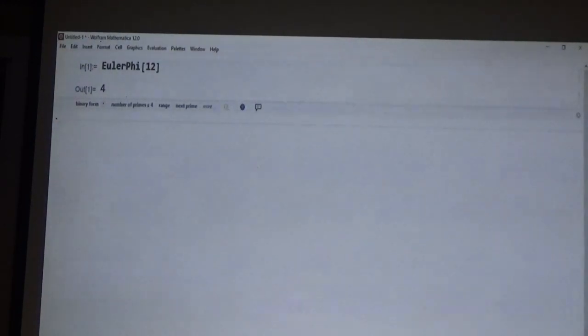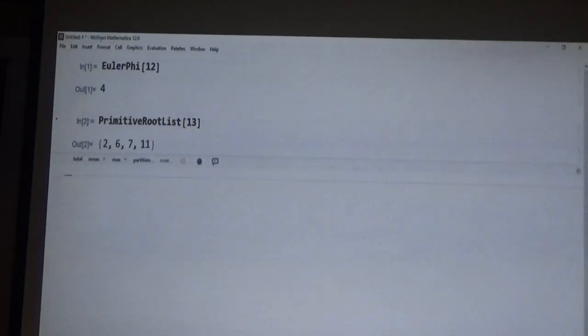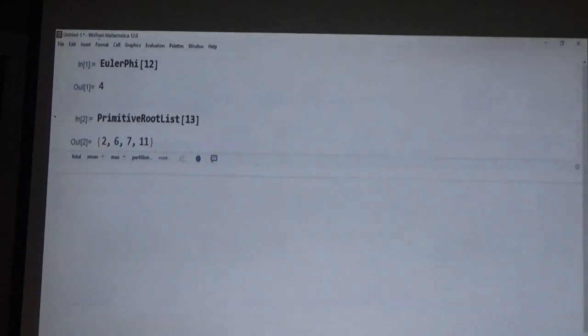So the primitive roots of 13, I need 4 of them, and this calculator could help me find those roots. Now I find the primitive roots mod 13, and those 4 roots are 2, 6, 7 and 11. These are my G's. These are not co-prime with 12. These are the primitive roots mod 13.